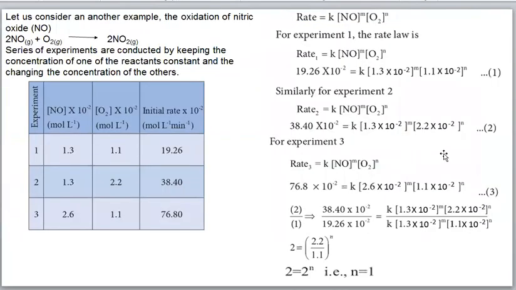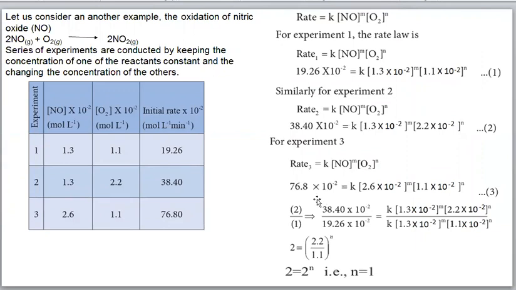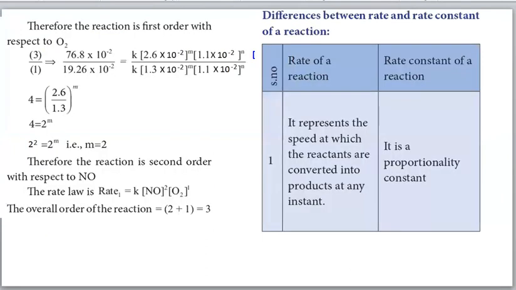You see here, equation 3, this one. Here this term and this term are same. So equation 3 divided by equation 1 we can write: this value 76.8 into 10 to the power minus 2 divided by 19.26 into 10 to the power minus 2.